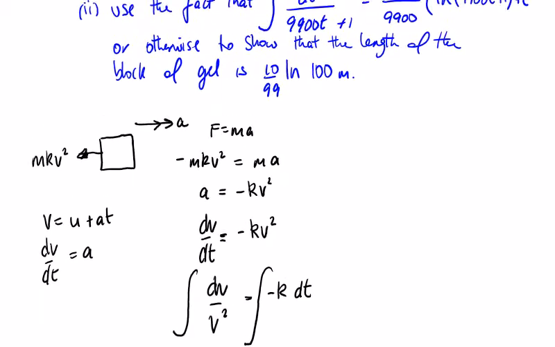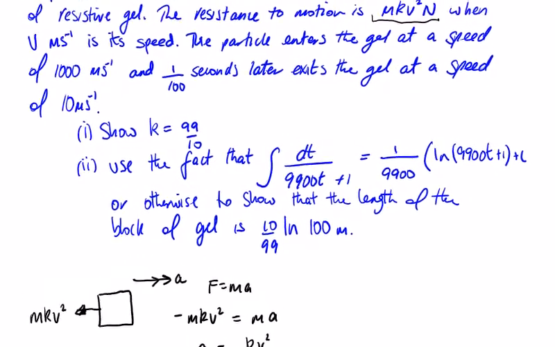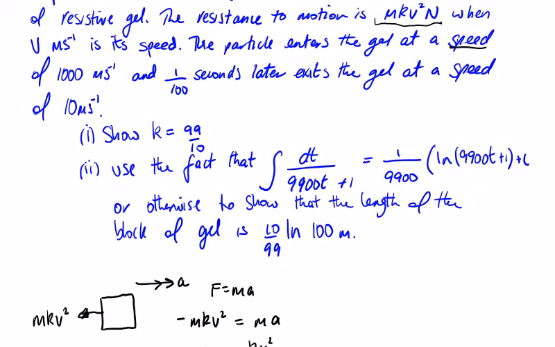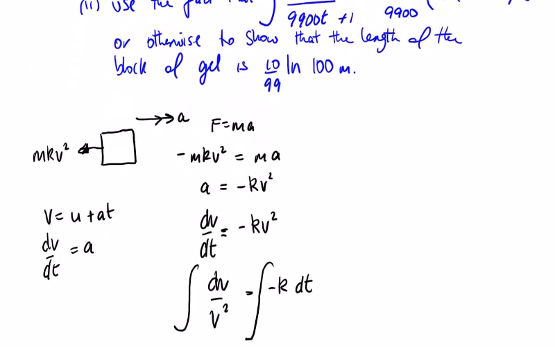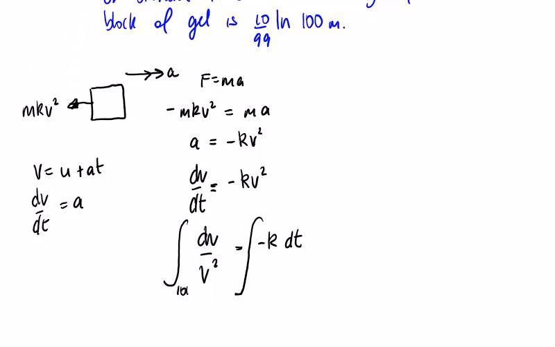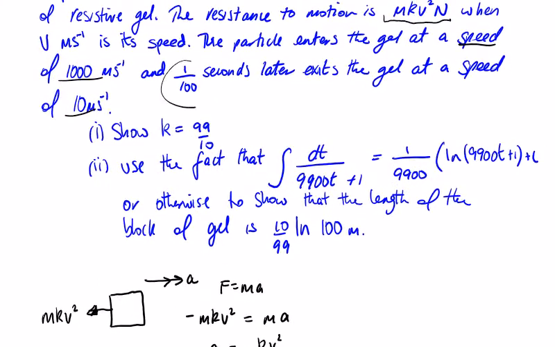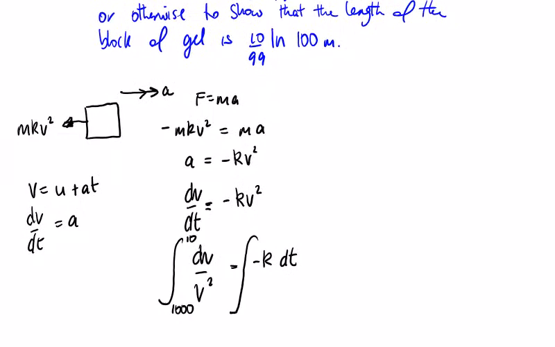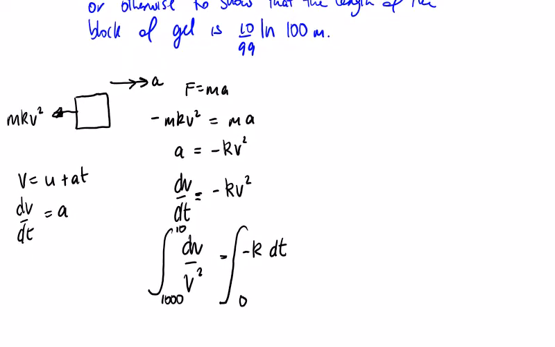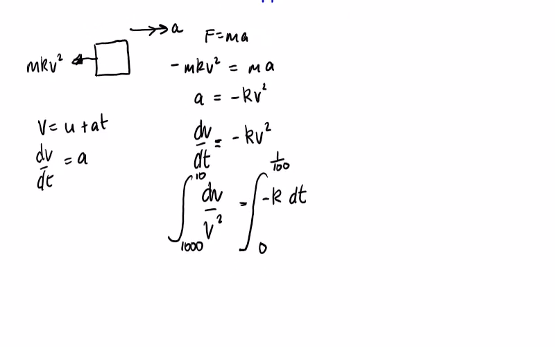So what are we told about velocity? Enters at a speed of 1000 and comes out with a speed of 10. Okay, starts at 1000 and finishes at 10. And what are we told about time? 1/100 seconds later. Enters at time equal to 0, and 1/100 later.